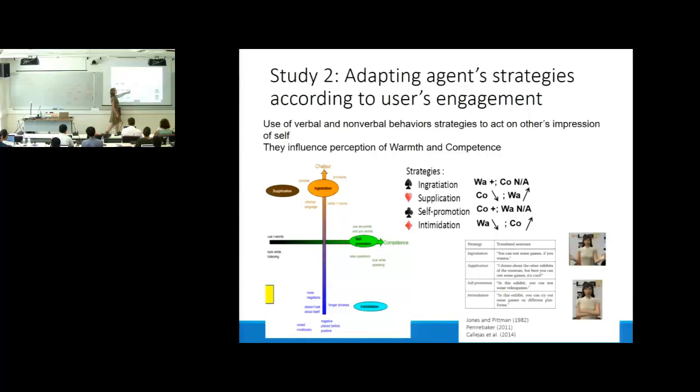So, for example, if you want to appear warm, whatever your impression of competence, you can use the notion of ingratiation. You can also increase your impression of warmth by decreasing your level of competence.